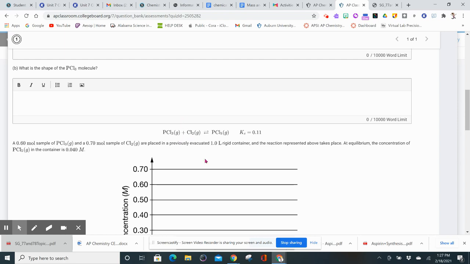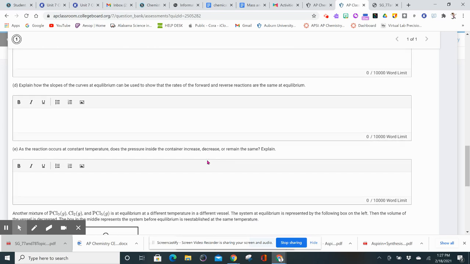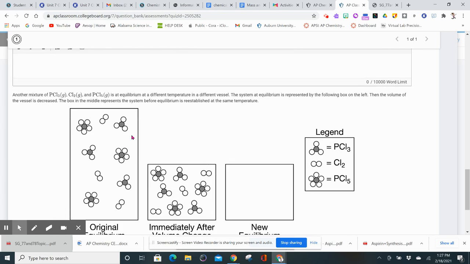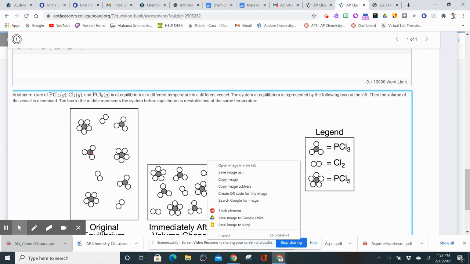When you start, you have a bunch of these PCl3s and these Cl2s. But as the reaction proceeds to the right, you make a lot of these PCl5s, which is combined. It's like taking 2 particles and combining them into one big one. So you have fewer numbers of particles.